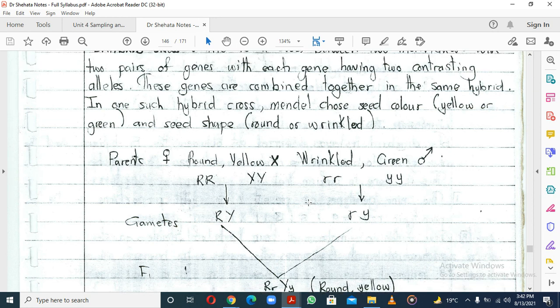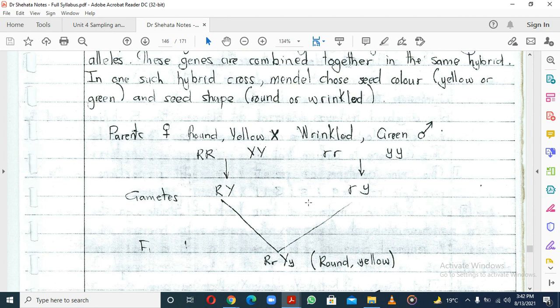Then now when the sexual reproduction takes place, when pollination is happening to form the first hybrid, what this entails is, when you look at these alleles, we know that the allele for the seed shape will go with the allele for the seed shape, and the allele for the seed color is going to go with the allele for the seed color on this other one, right?